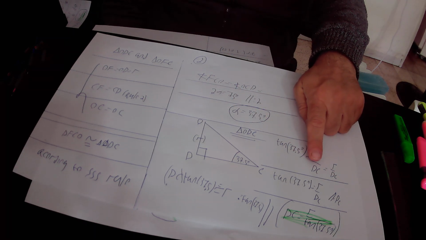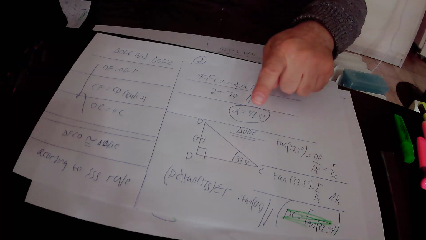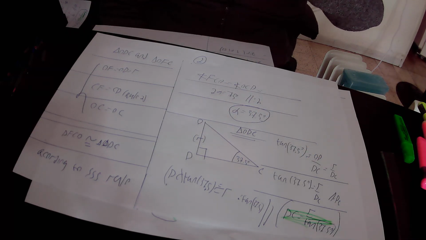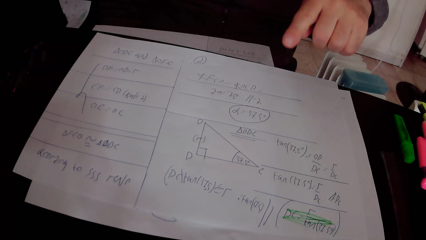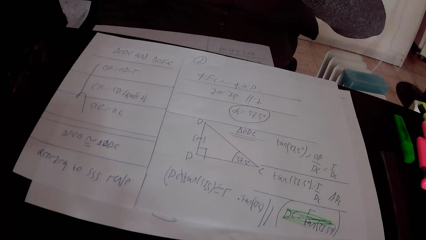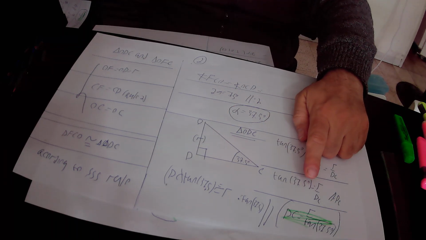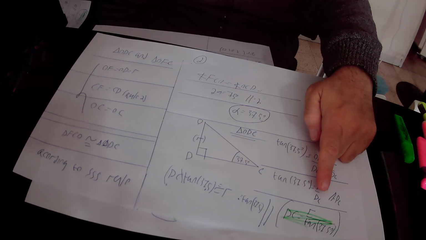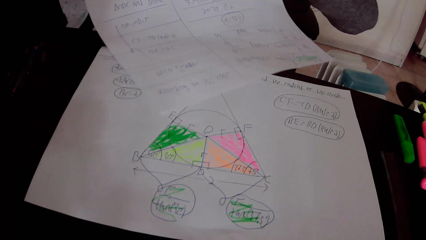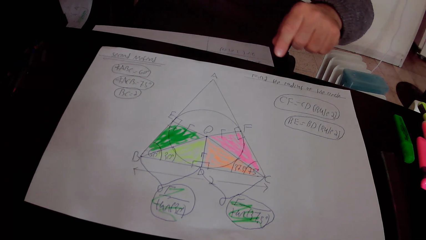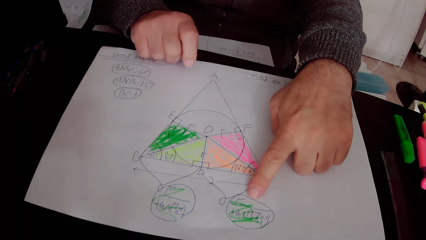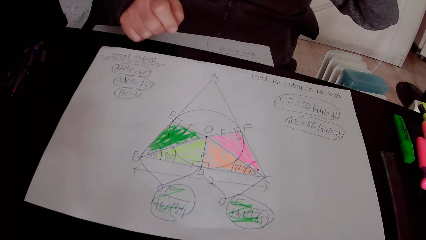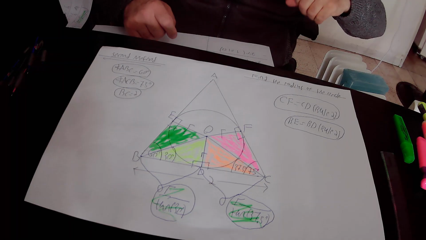We multiplied this equation by DC and found that DC times tan 37.5 degrees equals R. Then we divided by tan 37.5 degrees and found that DC equals R over tan 37.5 degrees.